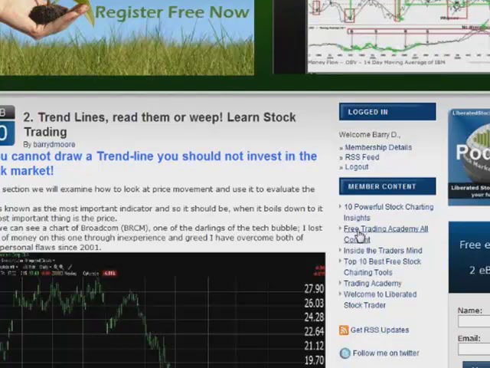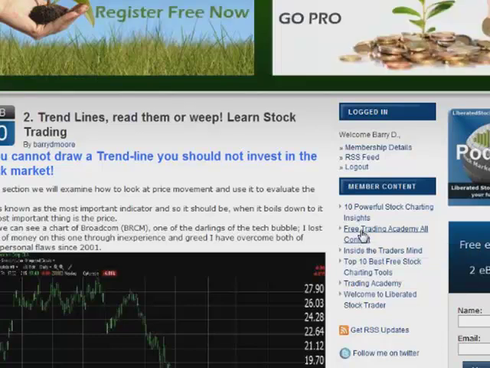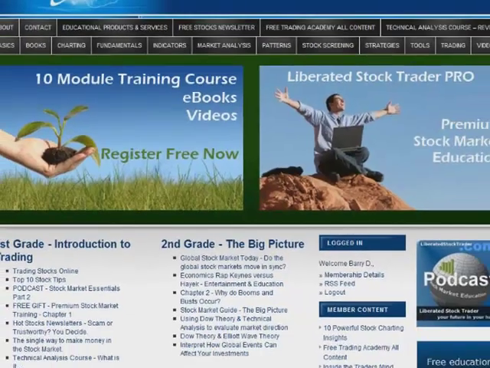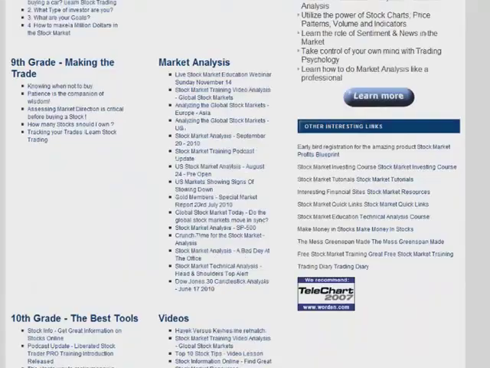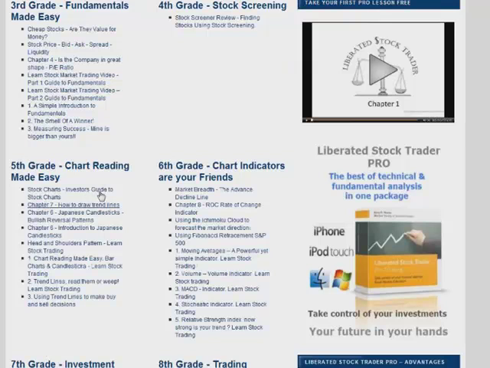But here you can see the free Trading Academy all content, and within there you can see the lessons structured into the first grade through to 10th grade, and here in Chart Reading Made Easy, 5th grade, you will see some of the articles that highlight how to draw trend lines and how to set up your chart, etc. But what we're going to do today is have an interactive session. I'll show you live how we can actually begin to do that.